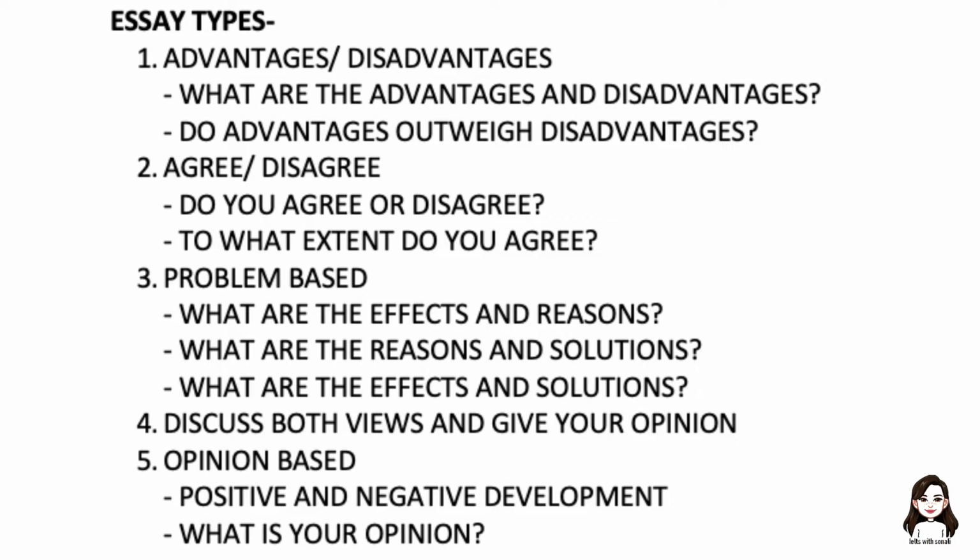That means you need to mention both because they have asked you to mention both of them. But the advantages will be more if you are mentioning in your thesis statement that this topic has more pros than cons. Depending on what you are writing in your thesis statement, the paragraphs will follow the same pattern.